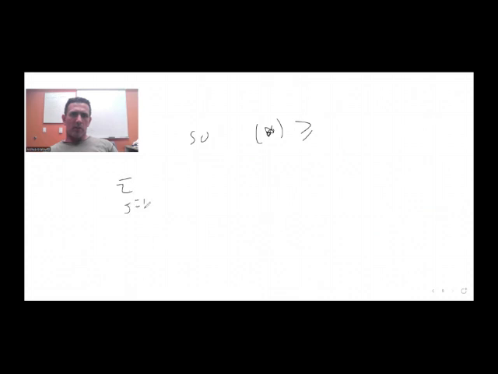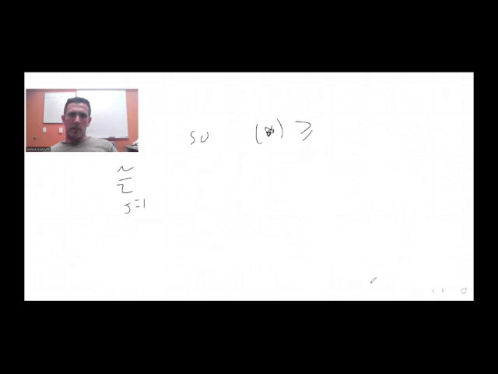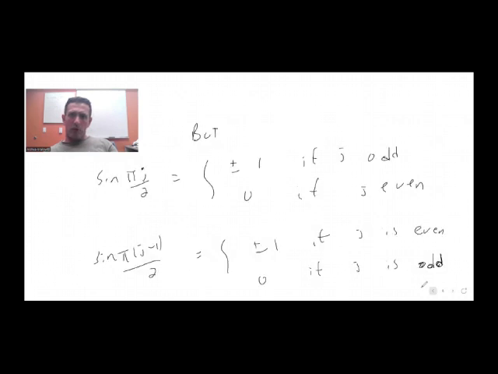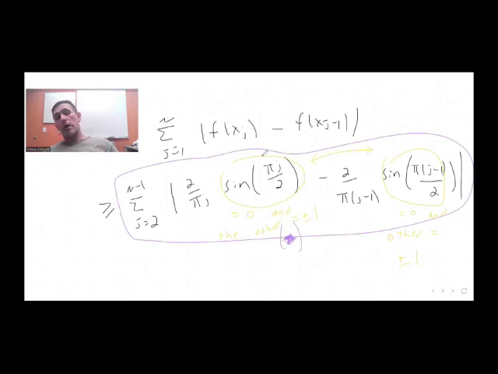This is bigger than the sum from j equals 1 to n of 2 over pi j, and this goes to infinity as n goes to infinity. So this is not of bounded variation. Total variation is a sup over all possible sums like this over all possible partitions.